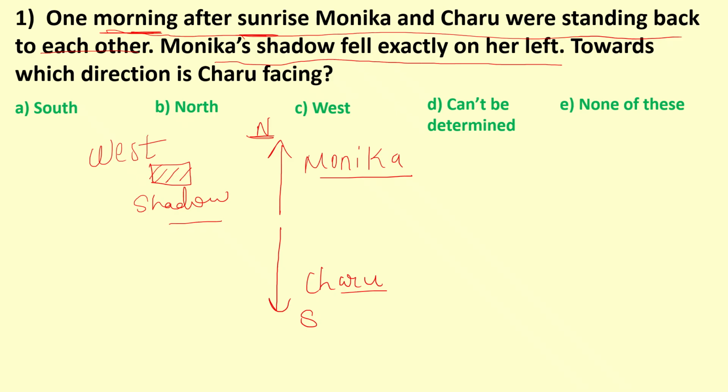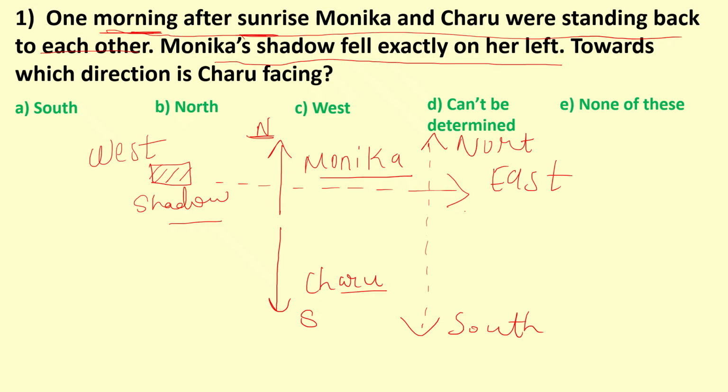So if this is your west, then this will be your east, and in the clockwise direction, the right of east will be south, and then opposite of that will be north.